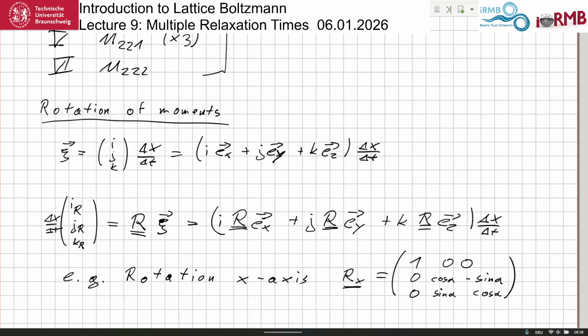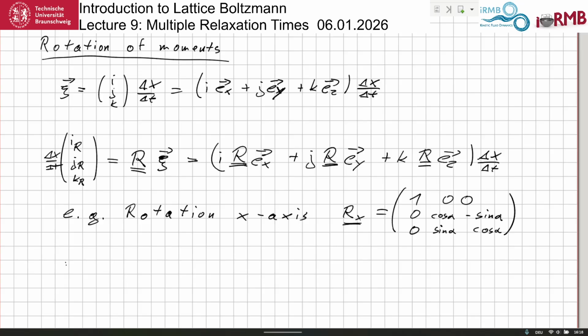So now the isotropy of the acoustic moment. Call it MP.